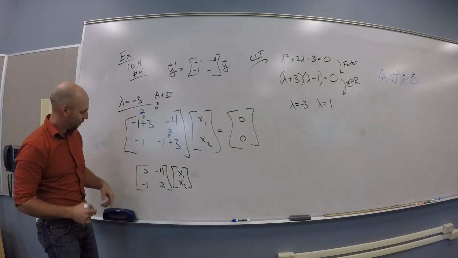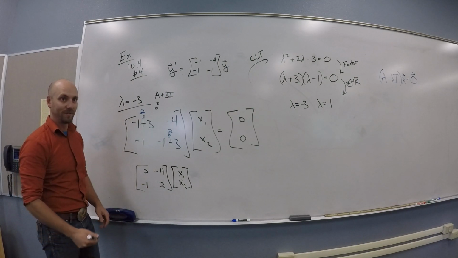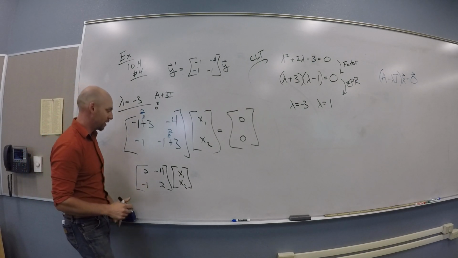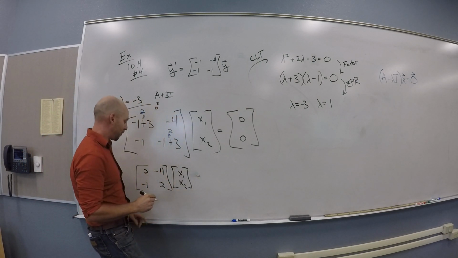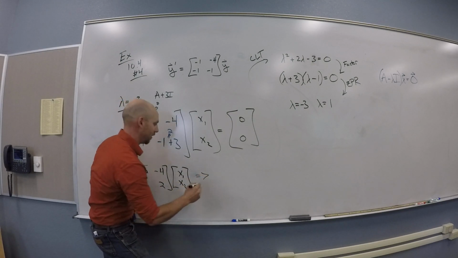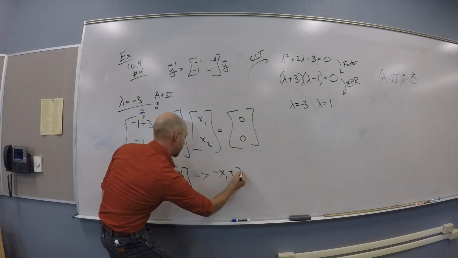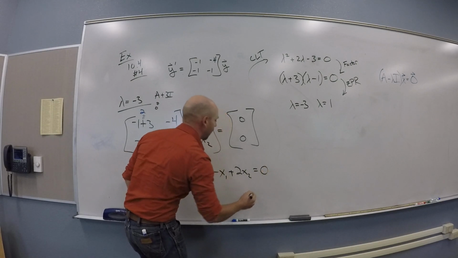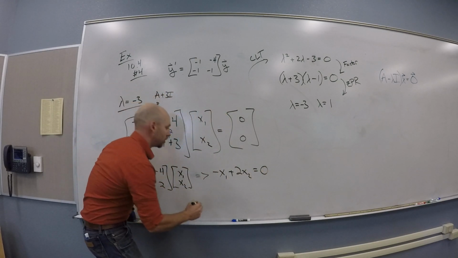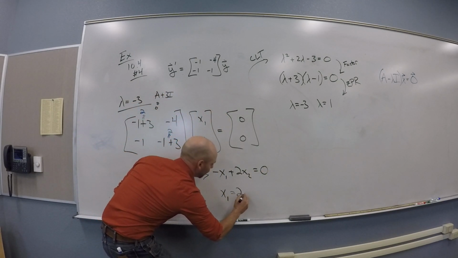So pick the one with the easiest coefficients. This would tell you that minus x1 plus 2x2 has to be 0, which tells you x1 is 2x2.